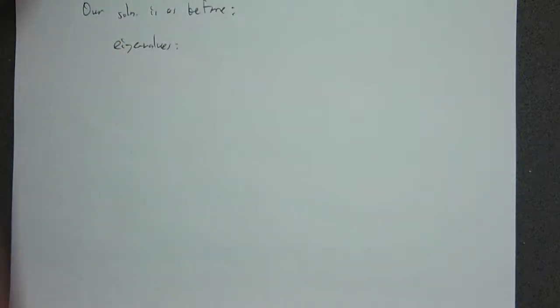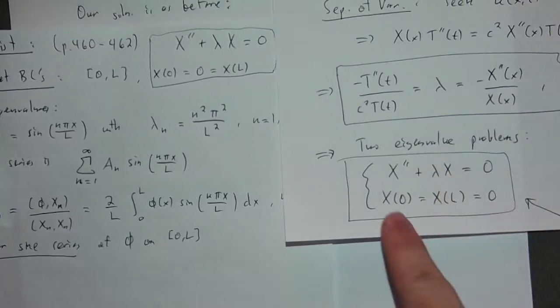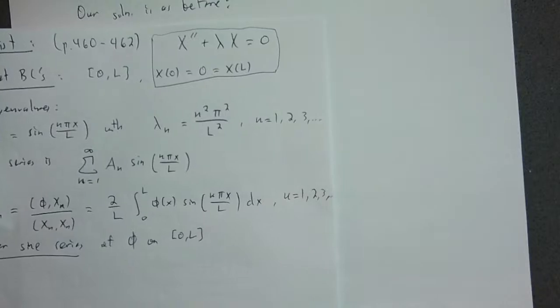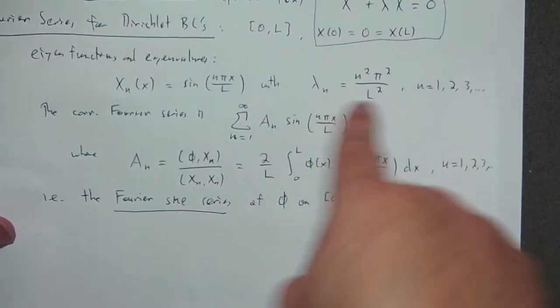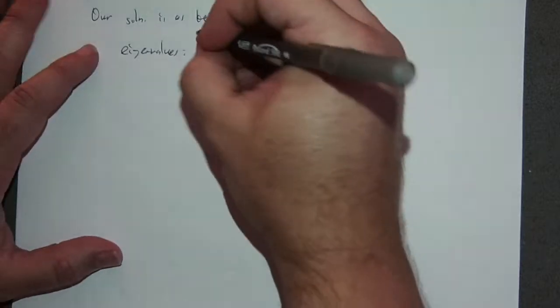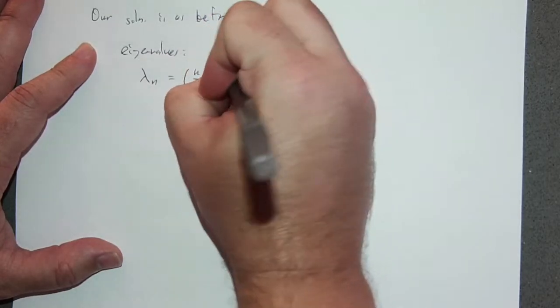I get eigenvalues. Well, let's consult our list. I want to solve this. Oh, that's exactly this thing on my list. And so I know exactly what my eigenvalues and what my eigenfunctions are. My eigenvalues are lambda sub n, which is n pi over L all squared.